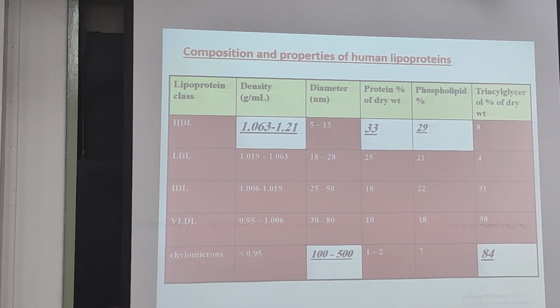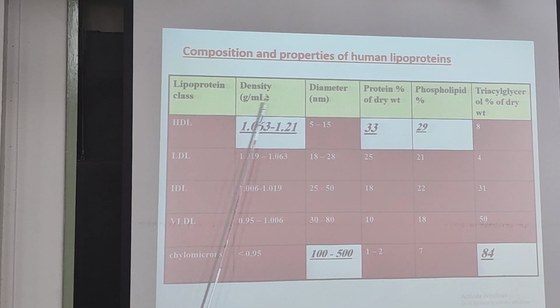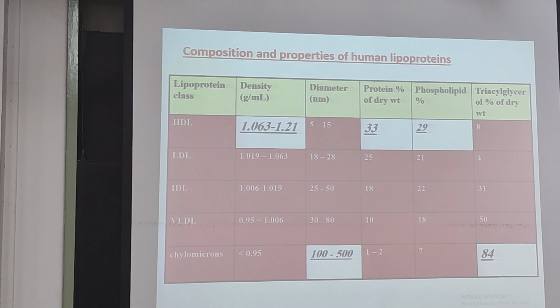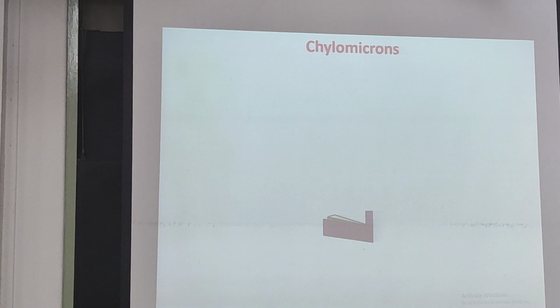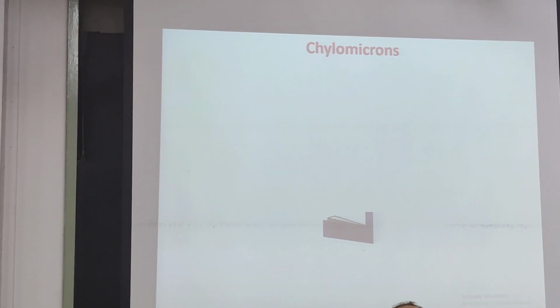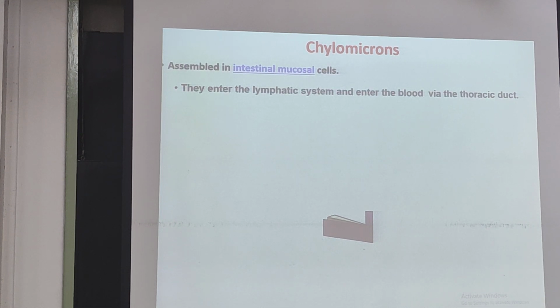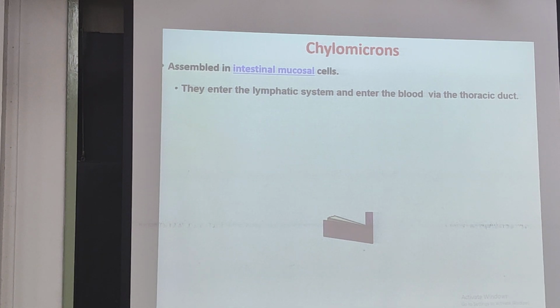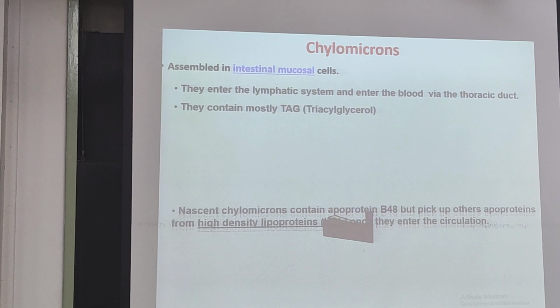Here you can see the composition and properties of lipoproteins again. The first lipoprotein, important in transportation of exogenous lipids, is known as a chylomicron. Chylomicrons assemble in the intestine.